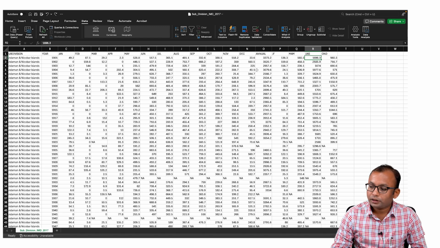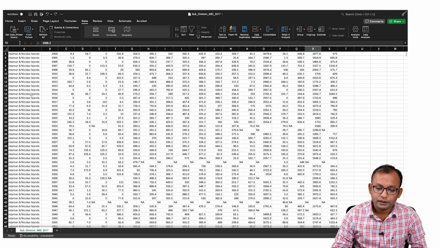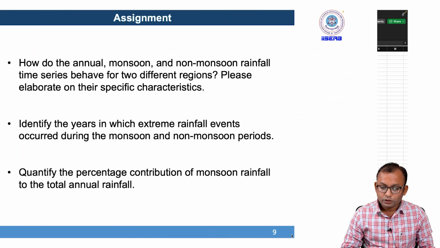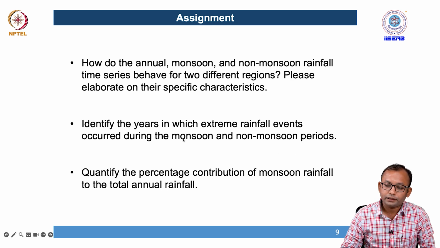So, this is how the data set is represented by this particular file.